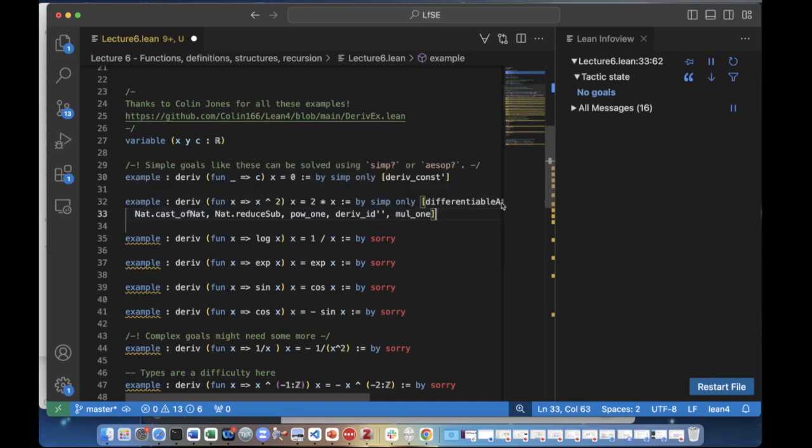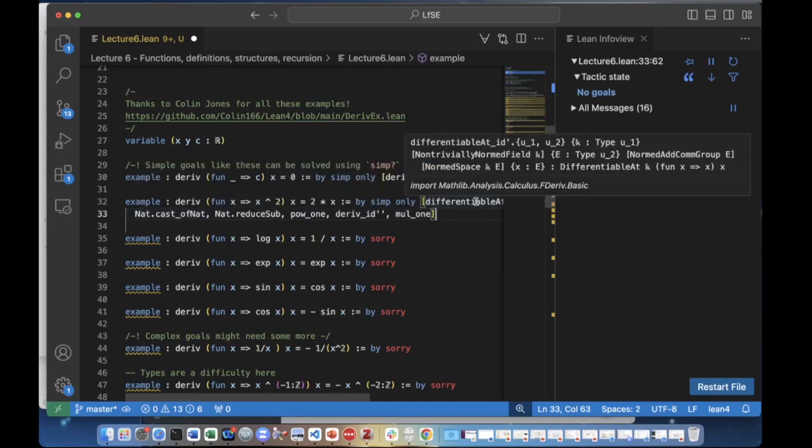And I'm going to talk about casting in a little bit later, I think, when we have a different example. And this one is differentiable at. So this is bringing in, someone has a lemma showing that f of x, when I have a function of f of x, is differentiable at all values of x.